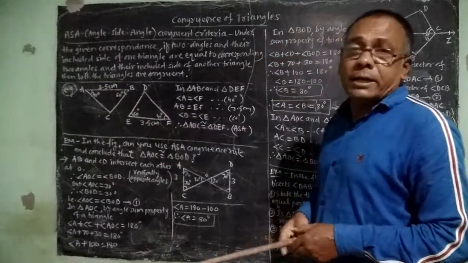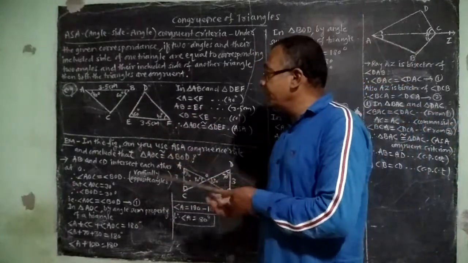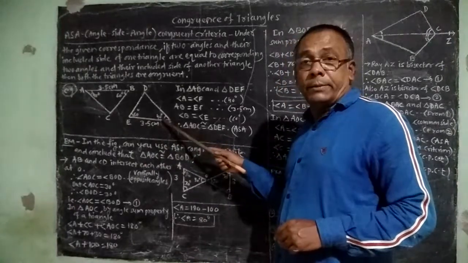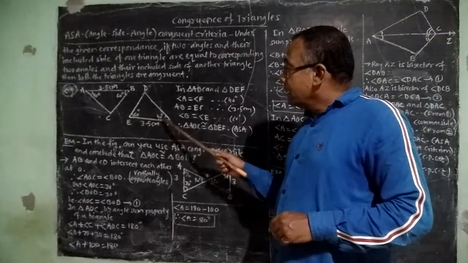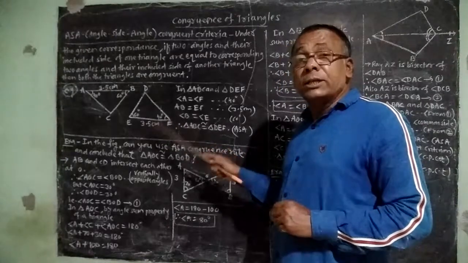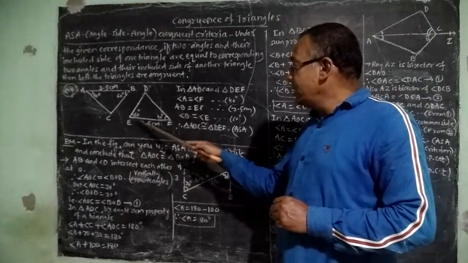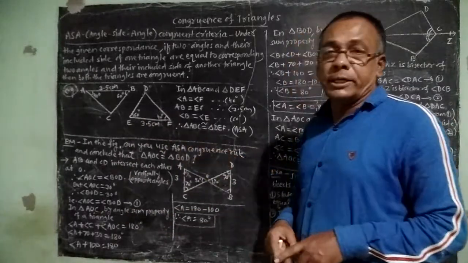In the second triangle, triangle DEF, angle E is 60 degrees, angle F is 40 degrees, and the side included by these two angles is given as 3.5 centimeters. That is, EF is equal to 3.5 centimeters.